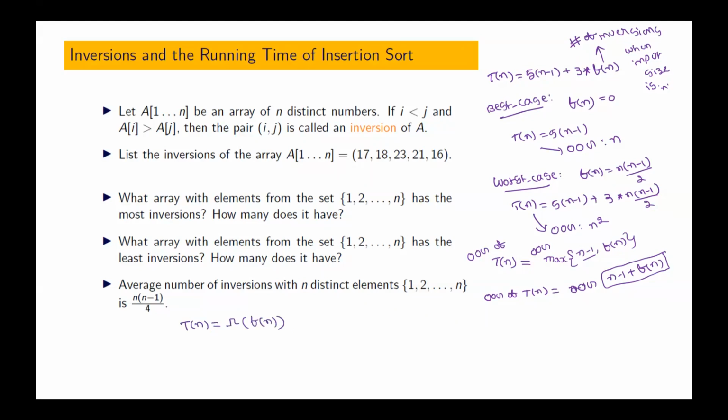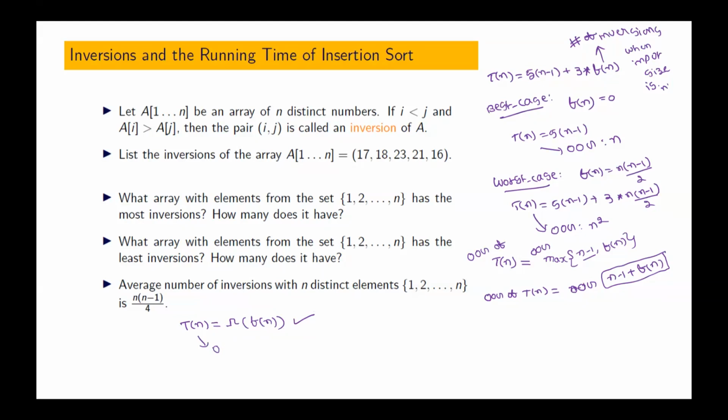It is false. So T of n is big omega, no? So in case of the best case, when inversion is 0, then T of n is big omega of 1. That is correct only, no? Yeah, correct. In any case, it is big omega, it will be true for any case.